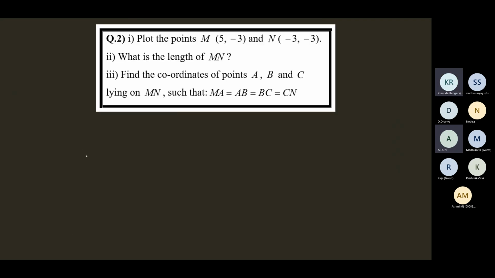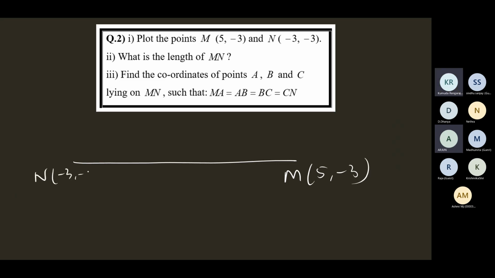All right, so we have MN. M is 5 comma minus 3 and N is minus 3 comma minus 3.